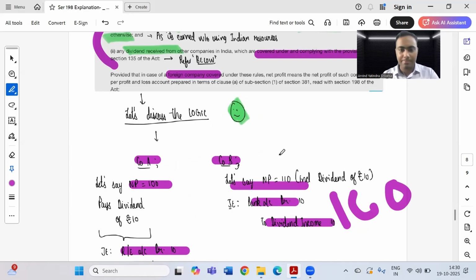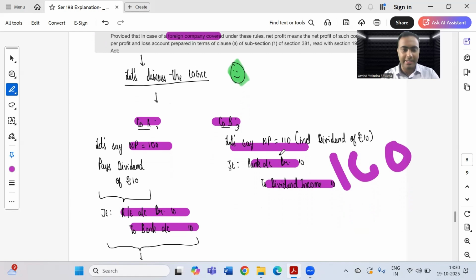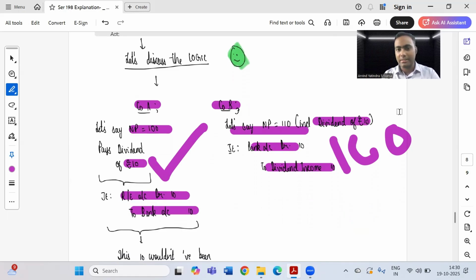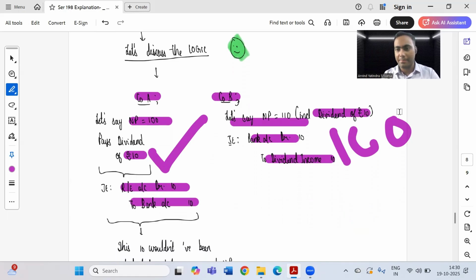The simple logic is that company A, which paid a dividend of 10, did not get a deduction benefit in the net profit. So they are anyways going to incur CSR expenditure on this 10. But even if company B incurs CSR expenditure on this 10, it does not make any sense, because CSR is being doubly applied in both places.